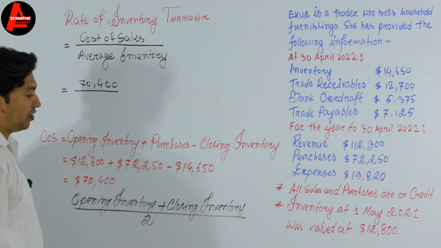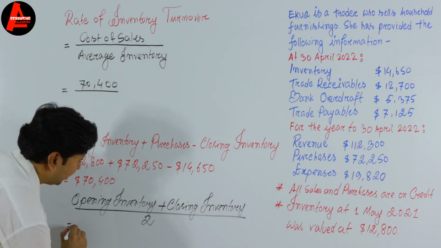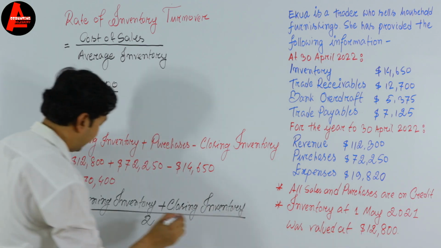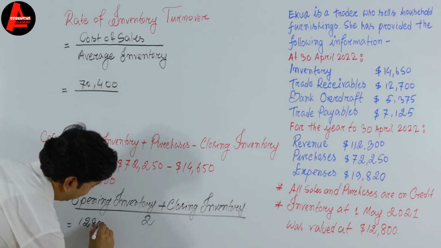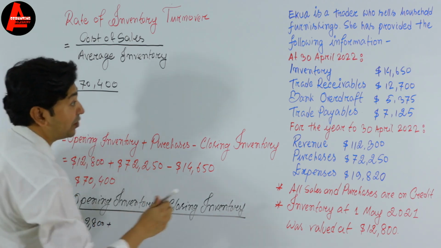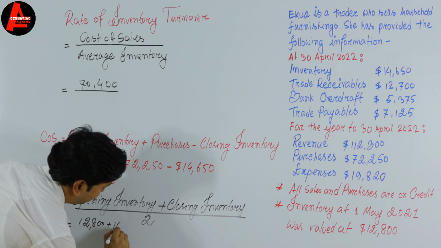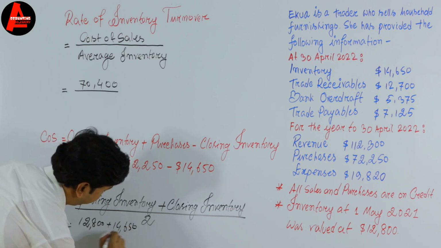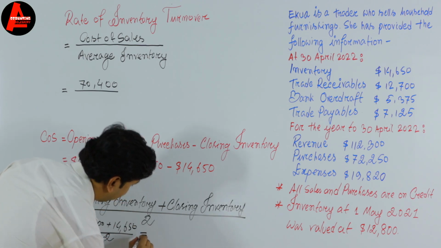Okay, so here we have opening inventory, which is $12,800, plus closing inventory, which is $14,650. If we divide this by 2, what do we get?